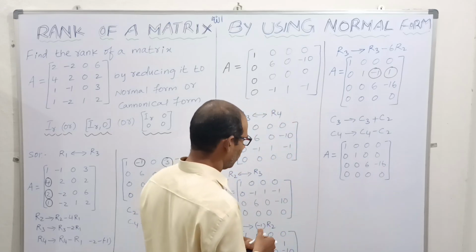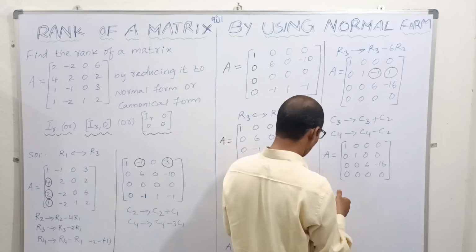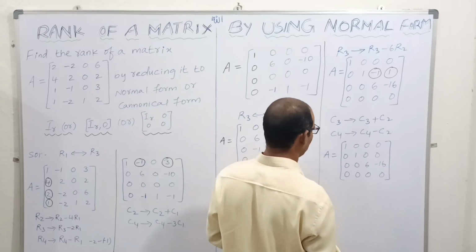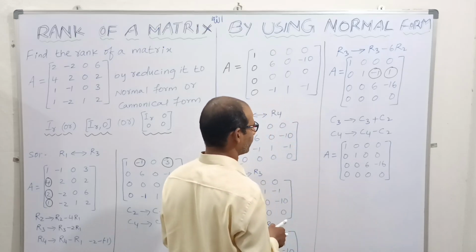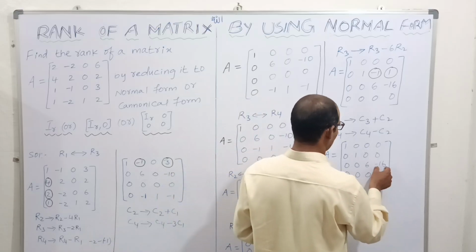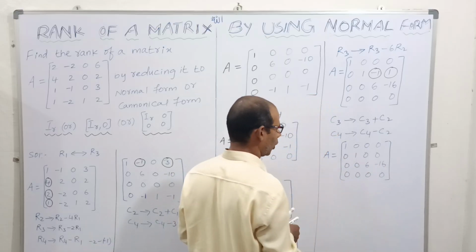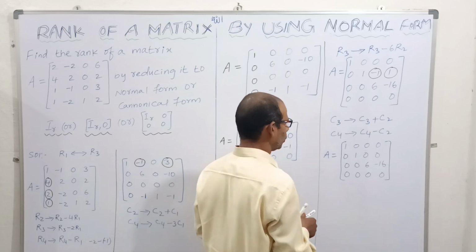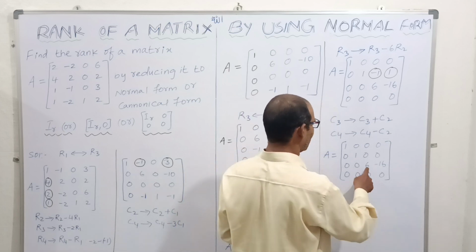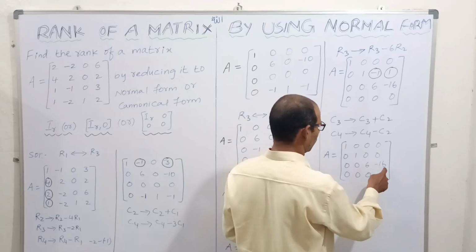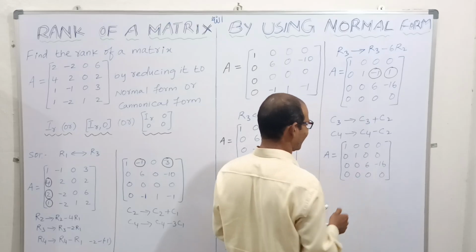Now, I want to make this one as 0 using column 3. What we have to do? So I'll multiply column 3 with 16 and column 4 with 6.